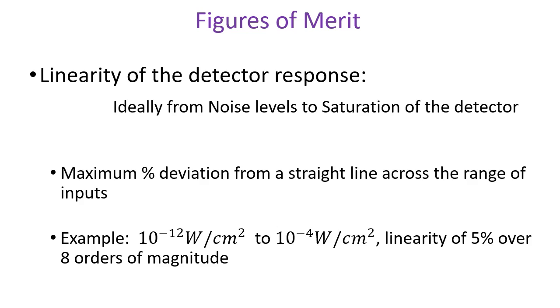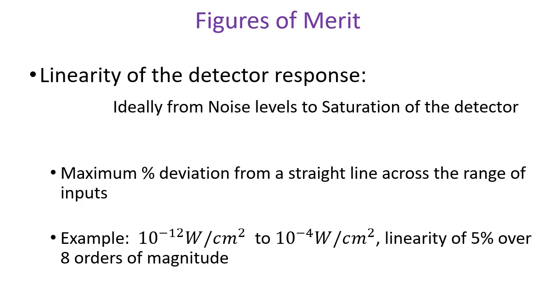The response generated by the detector has saturated, right? Remember we demanded that the detector produce a one-to-one correspondence between the input signal and the response. So what one is asking for is how linear is that response? The maximum percentage deviation is how we specify the linearity of the detector.